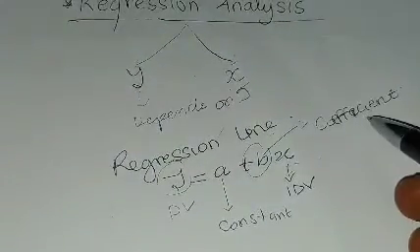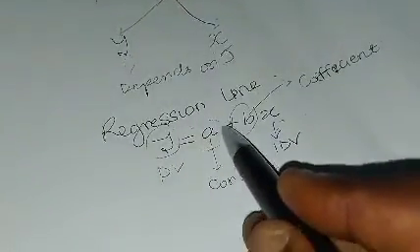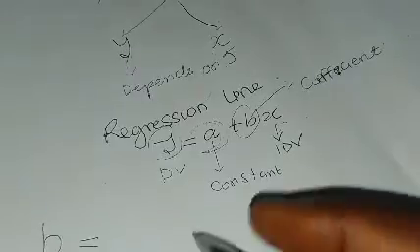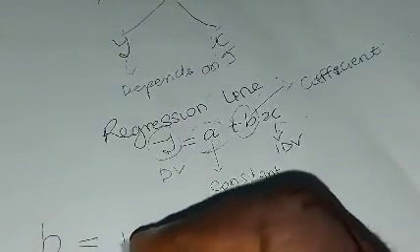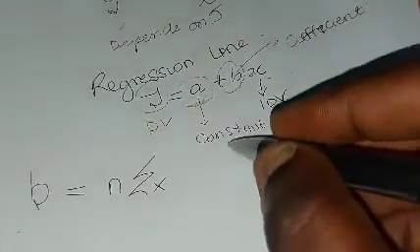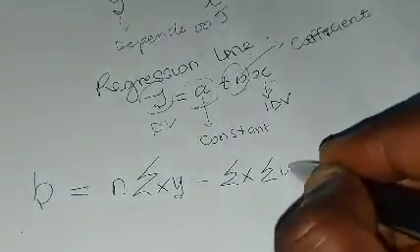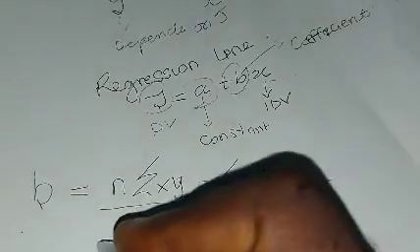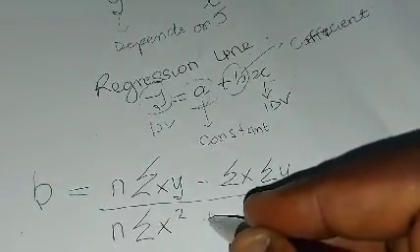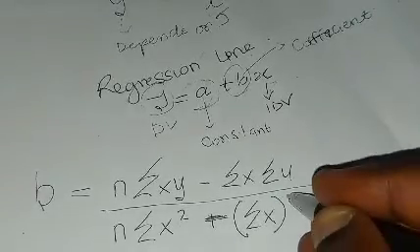Now, in regression analysis, what will be required is to find A and B with the formula. The first thing to look for is b, which is found by n summation xy minus summation x summation y, all over n summation x raised to power 2 minus open bracket summation x close bracket raised to power 2.